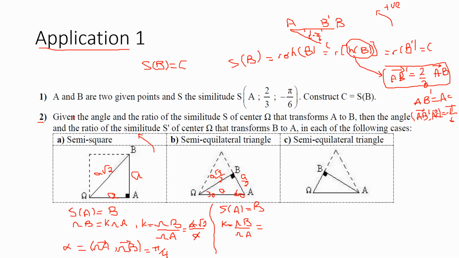Omega B over omega A, how much will it be? Radical 3 over 2. What is the angle alpha? Alpha equals omega A, omega B, 30.